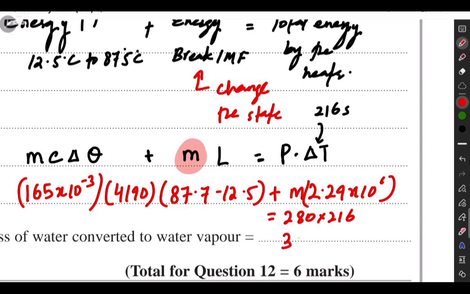The final answer will be, let me check my calculator, 3.17 times 10 to the power of minus 3 kg. Okay, so that's the final answer.